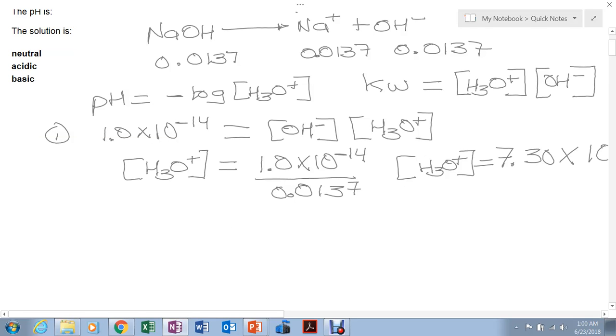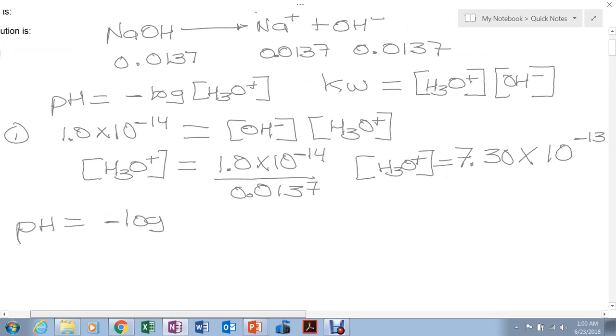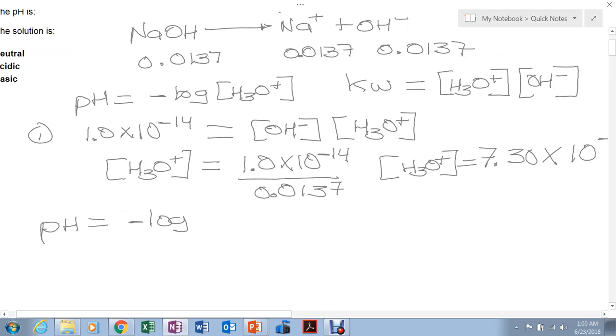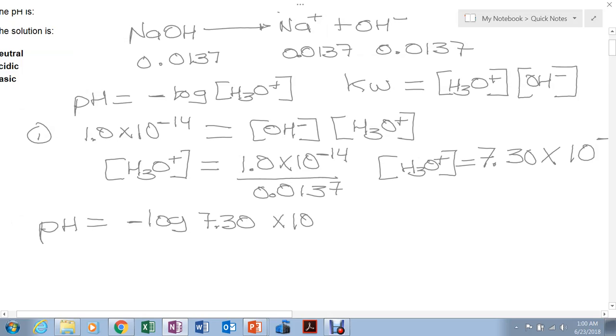So the pH would be equal to the minus log of the concentration of hydronium, which is 7.299 by 10 to the negative 13.